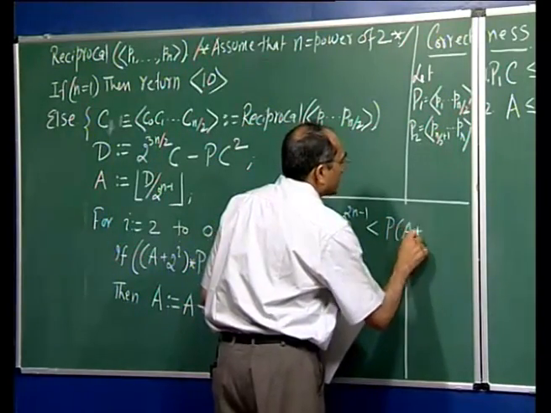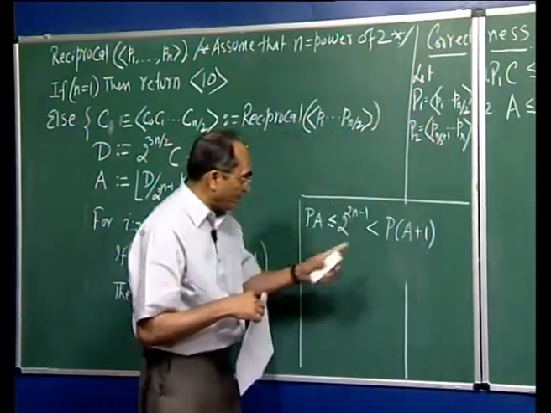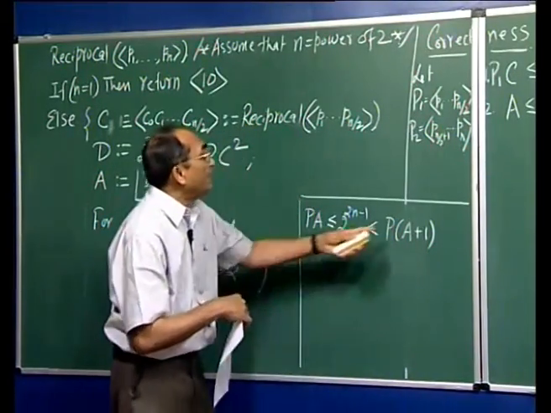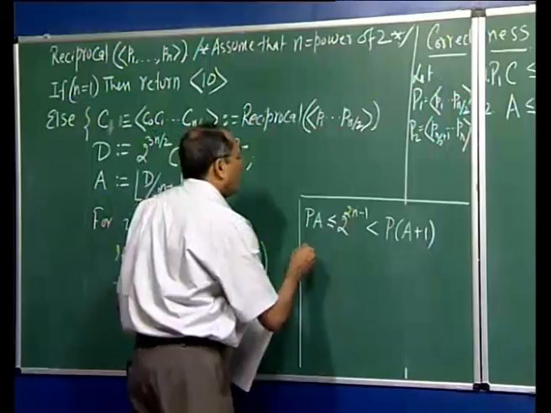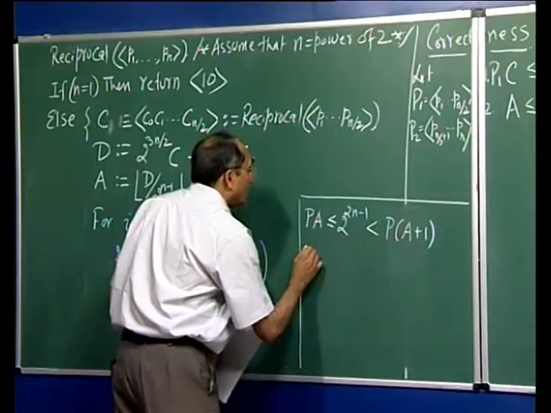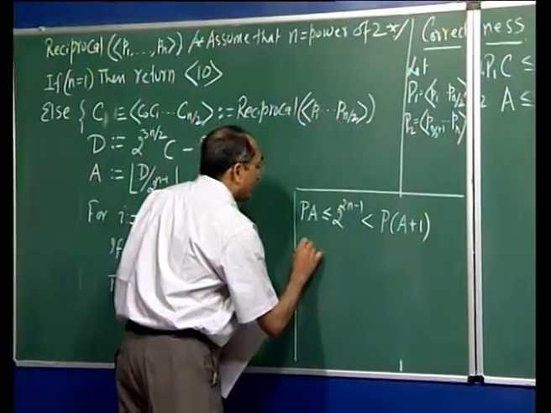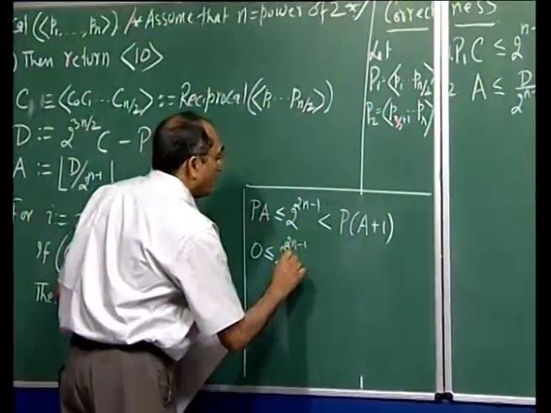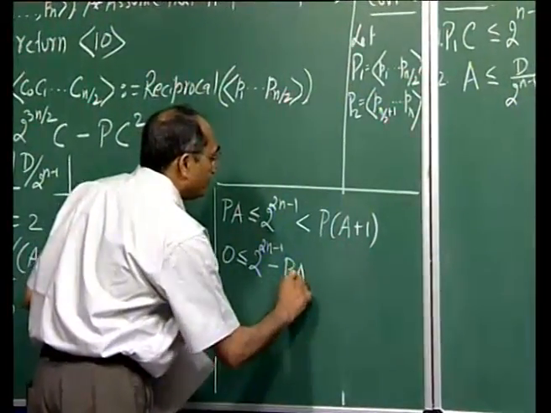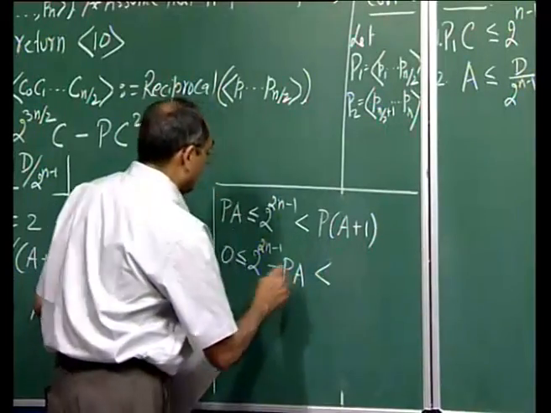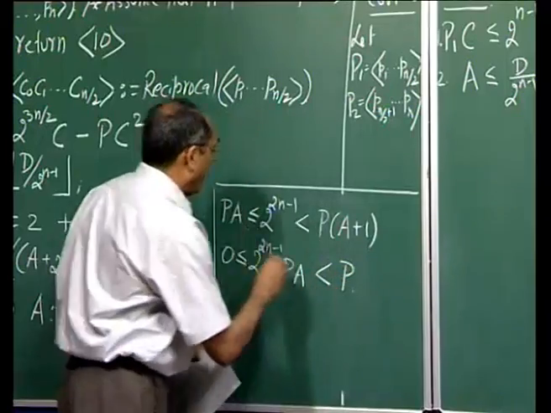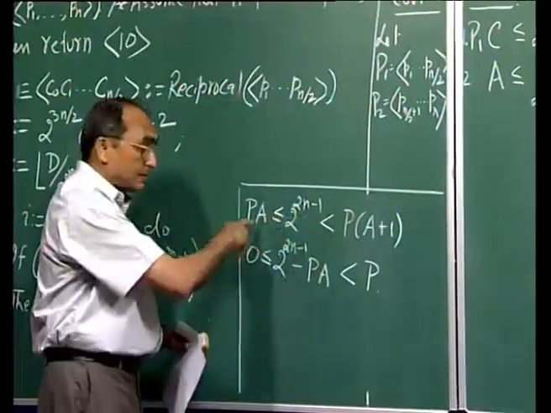PA plus P. Of course, we will not be able to show this side, we will show a slightly weaker result, but let us just keep the goal. This says that we want to show 2 power 2n minus 1 minus PA is positive, but less than P. If I subtract PA from all the 3 sides, we get this.